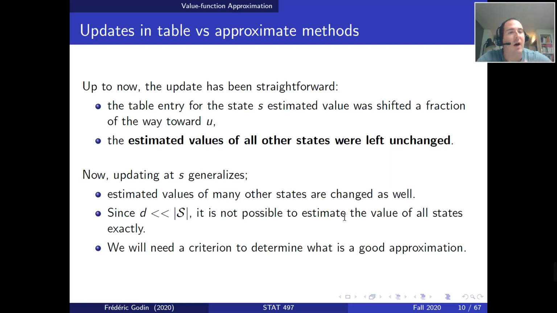Okay, so now we've mentioned approximations of the value function, but we must determine what are good approximations. Whenever we form an approximation, we must have a way to determine if the approximation of the value function we make is suitable or not.